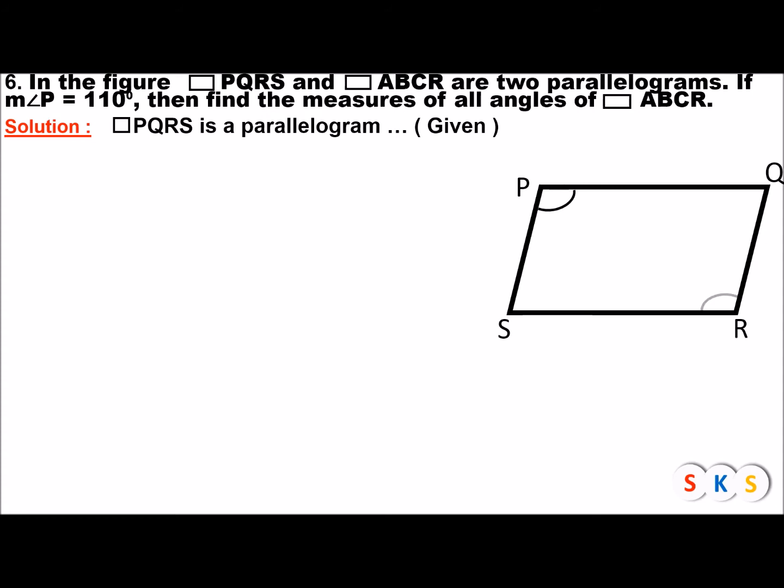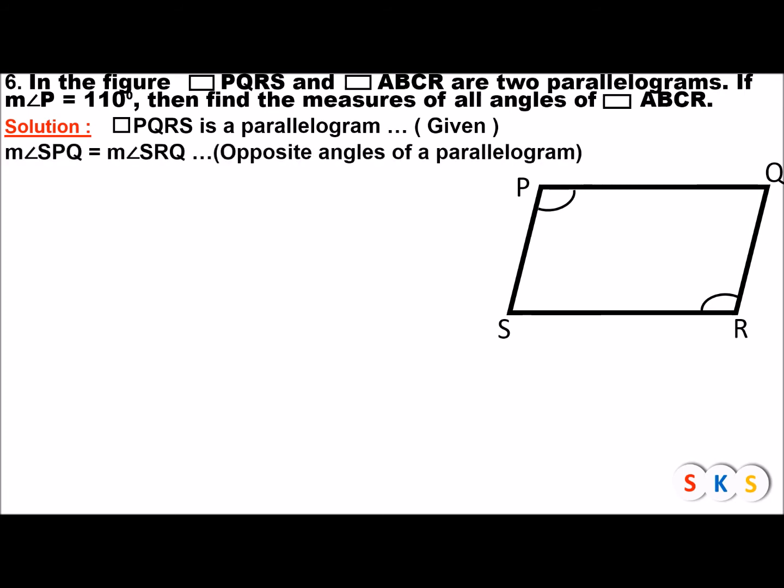So you can see here that angle P and angle R are opposite angles, and these two angles will have the same measures. Therefore, measure angle SPQ equals measure angle SRQ, as they are opposite angles of a parallelogram. And you can see that angle SPQ is given as 110 degrees in this figure.